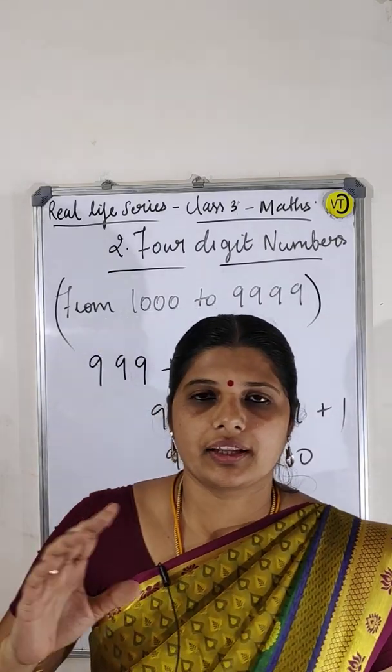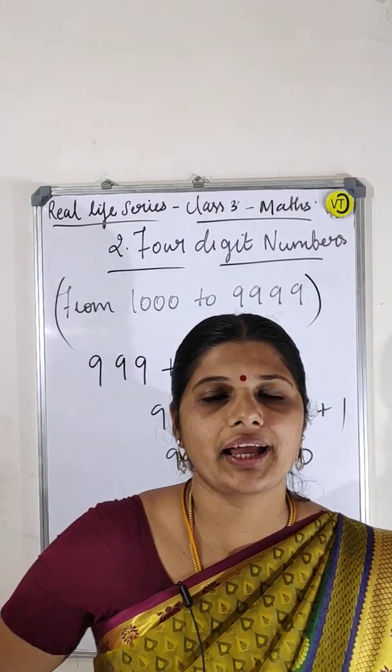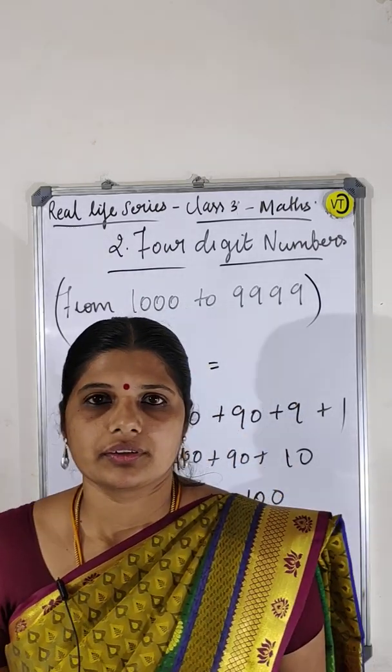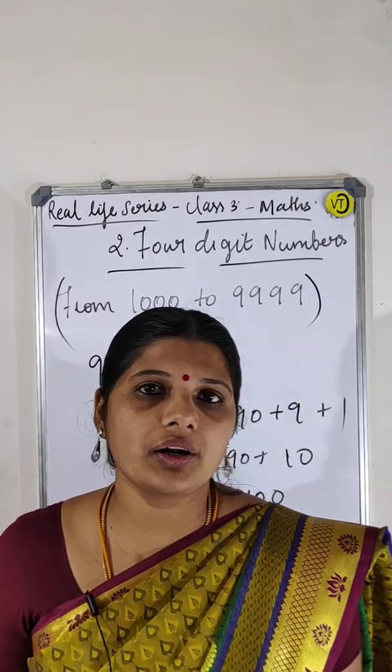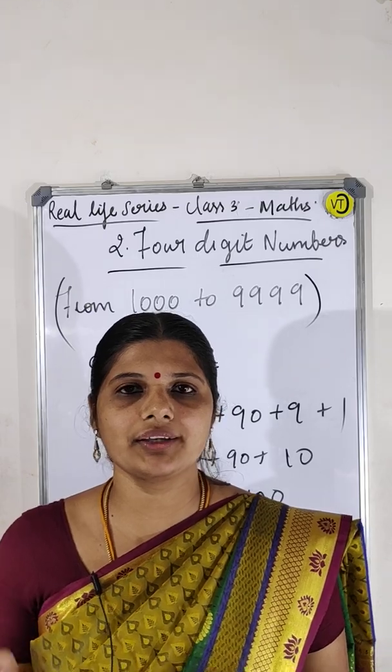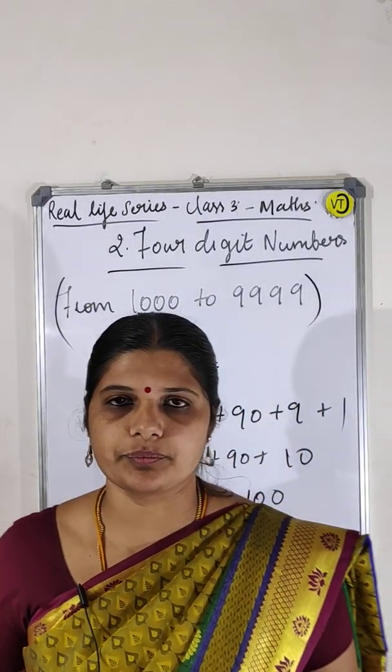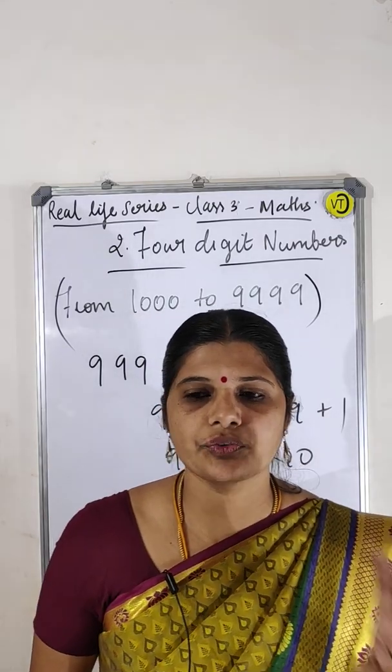The last 4-digit number is 9999. Now 1000 has 4 places.